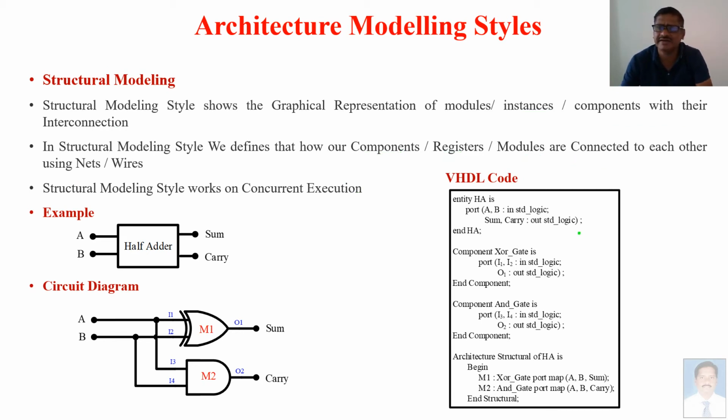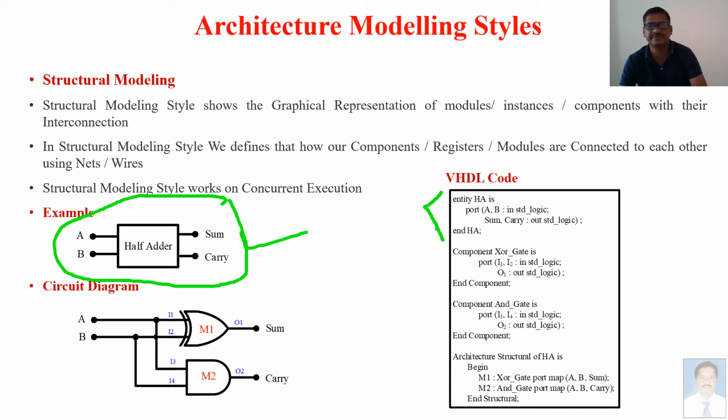For any architecture or for any system design, we should start with the black box. This is the black box. It will help us again to write the entity, which I have discussed in the previous two examples. Entity followed by the name of the entity, is port. These are the ports, sum and carry, and then end HA.